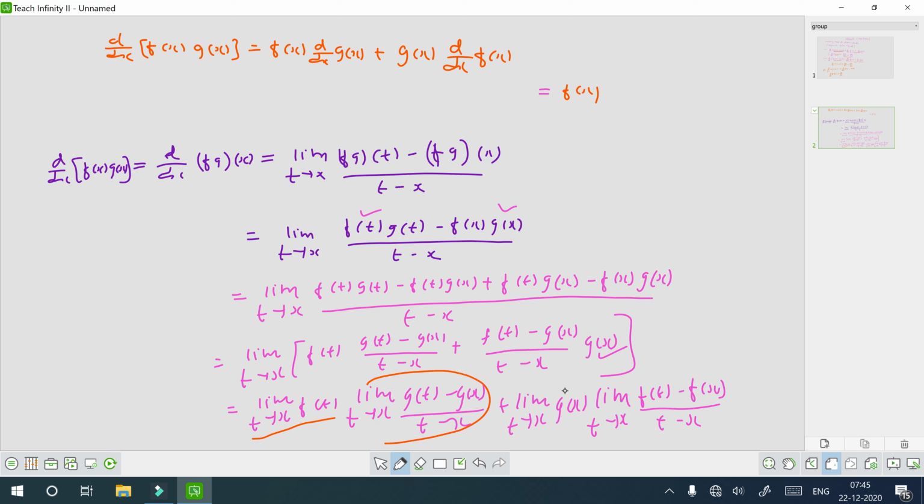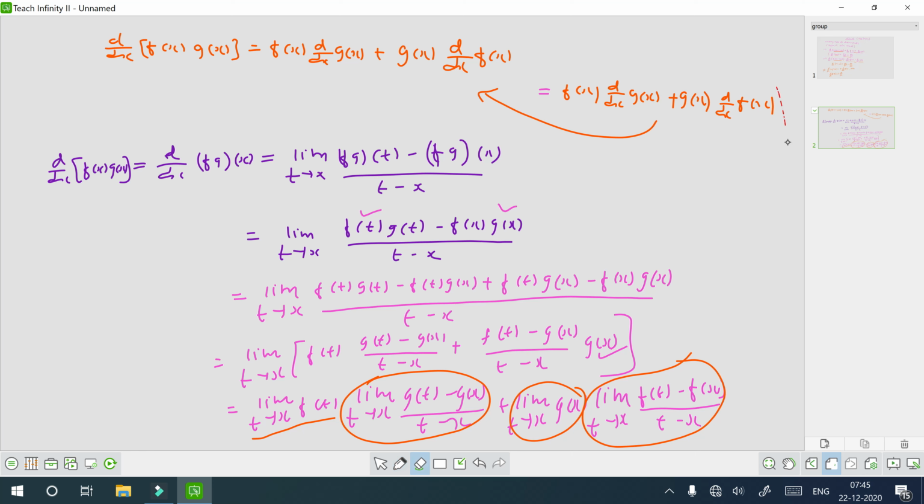This one is nothing but d by dx of g of x. What is limit of this term? G of x. What can you say about this one? D by dx of f of x. See, in this way we can prove it. But here only this proof is to know.